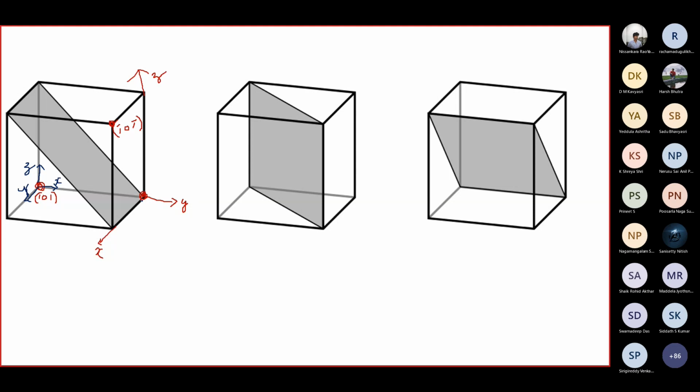Now you see, this plane is parallel to x. It intercepts y at minus 1 and intercepts z at 1. So for this, the HKL value should be 0, 1 bar, 1.